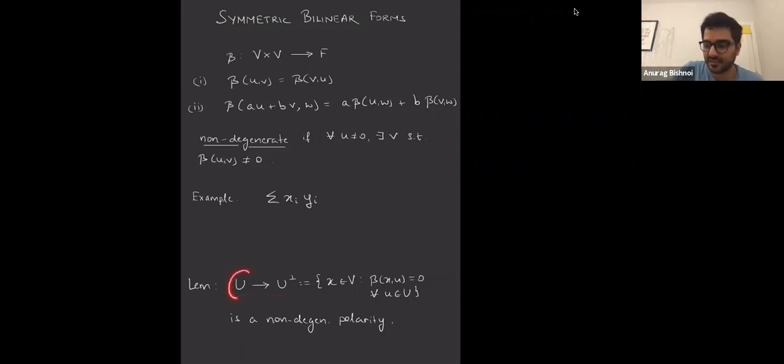For any vector subspace U, you can define its perp, the so-called orthogonal complement, as all those vectors x for which beta of x comma u is 0 for every u in U. So for every vector y in U perp and every vector in U, beta of x comma y will be 0.